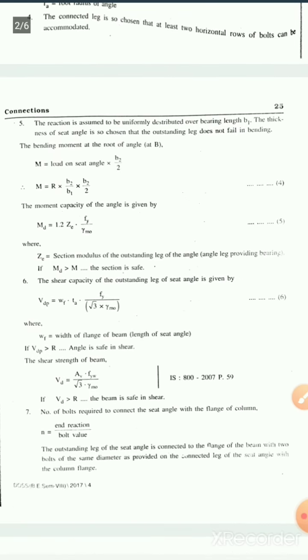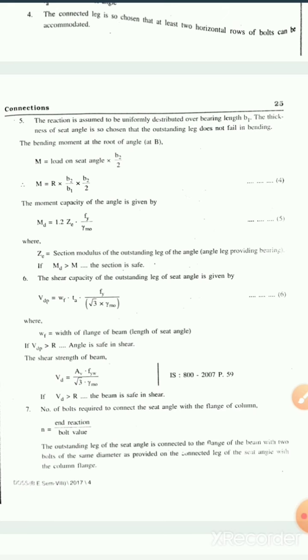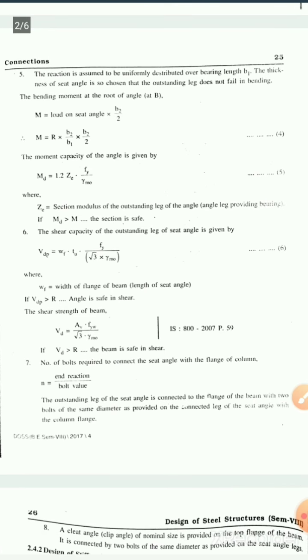BT equal to B1 plus C, TA minus RA. M equal to R into B2 by B1 into B2 by 2. Moment capacity MD is equal to 1.2 ZE into Fy upon gamma M0. VDP equal to WF into TA, Fy upon root 3 into gamma M0. N equal to reaction upon bolt value.